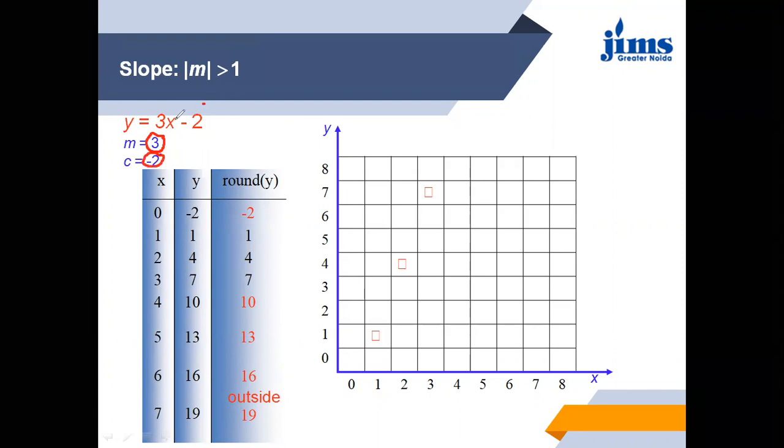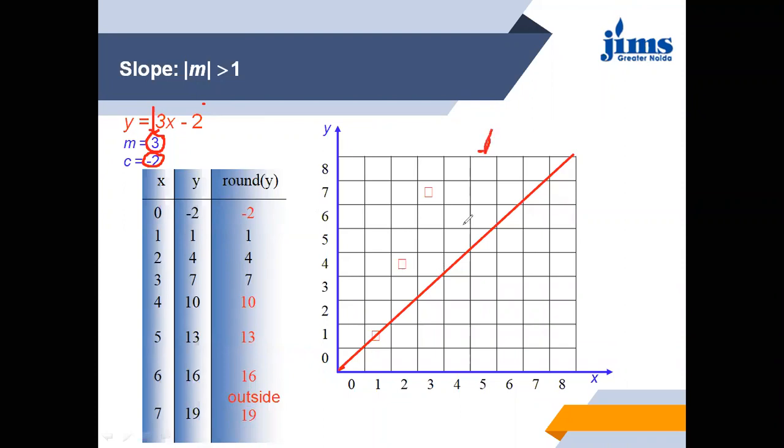So when we are saying that the value of m is greater than 1, it means the line is above 45 degrees. So suppose, let me draw a line only. Suppose this is a line at 45 degrees. So this is a line that is in this region.